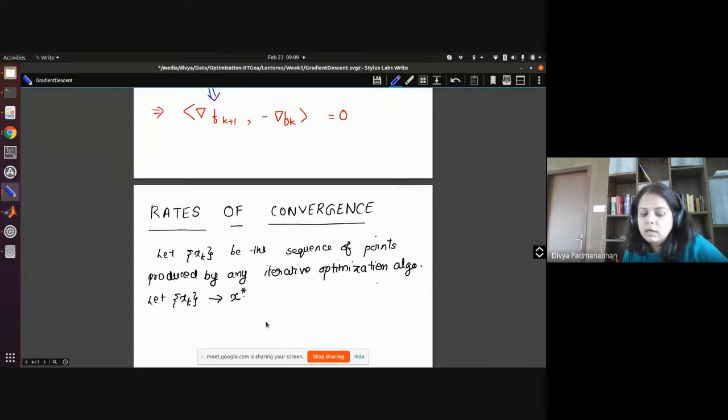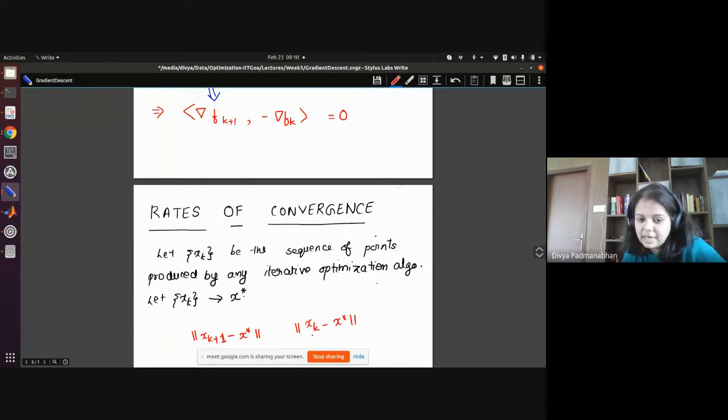Now if you compare these two quantities, let me take the norm of xk minus x star, and xk plus 1 minus x star. How do you compare these two?